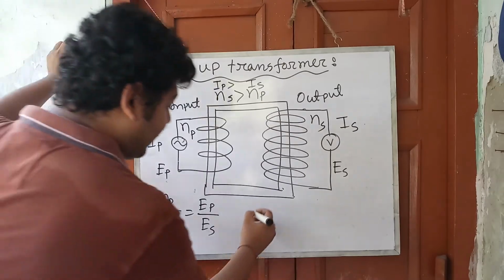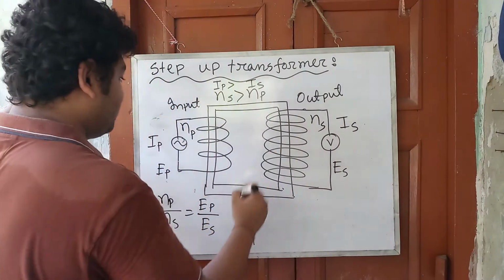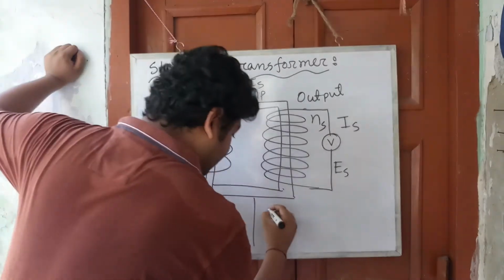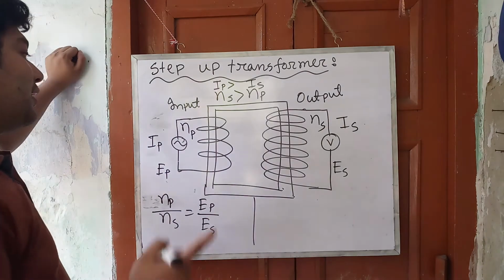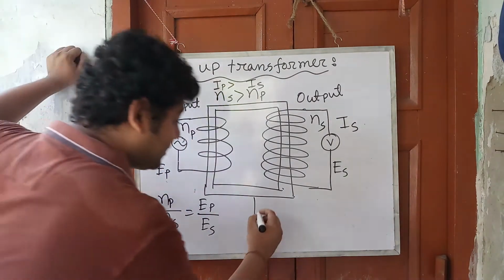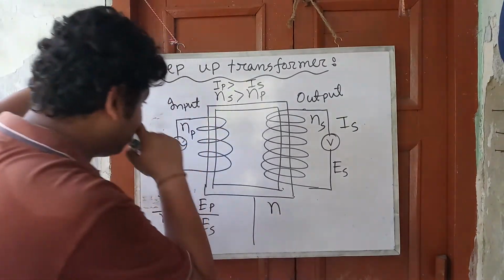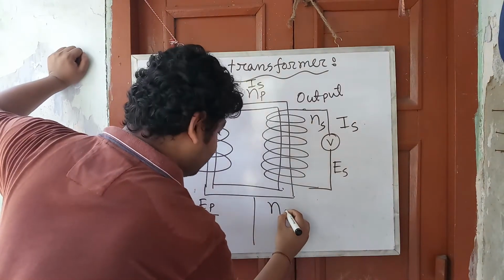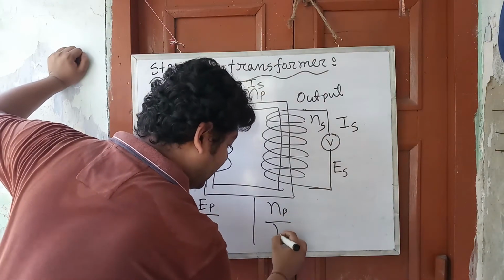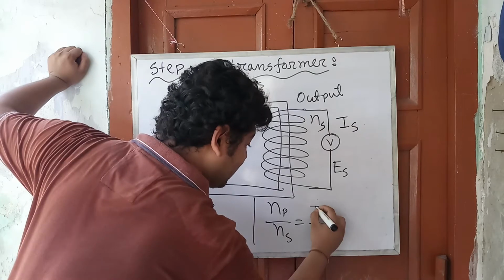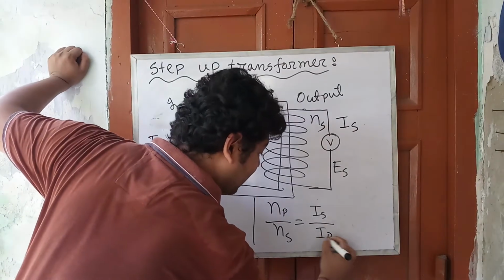Again, the relation between number of turns and current is NP by NS equal to IS by IP.